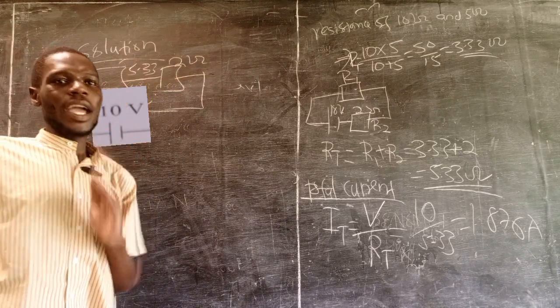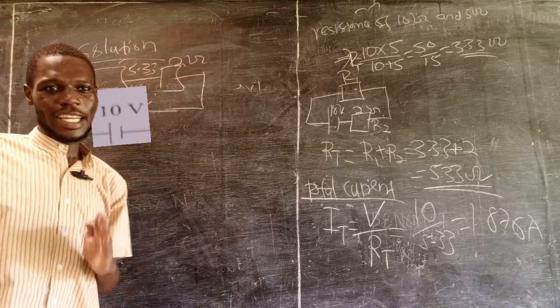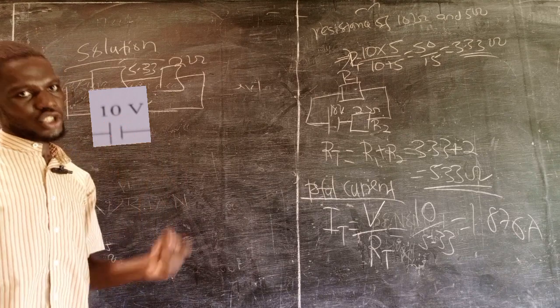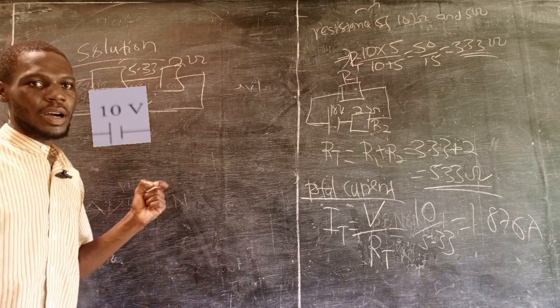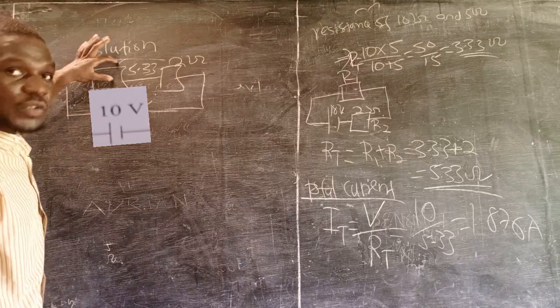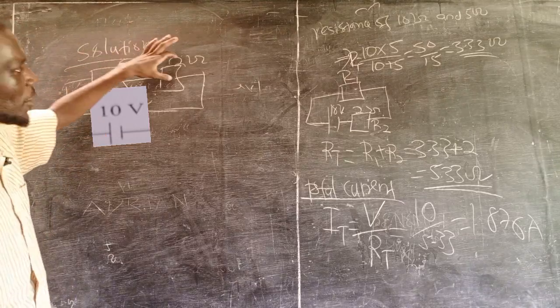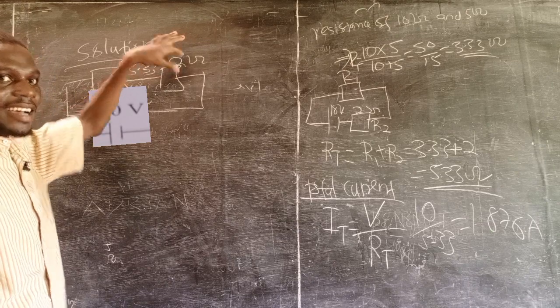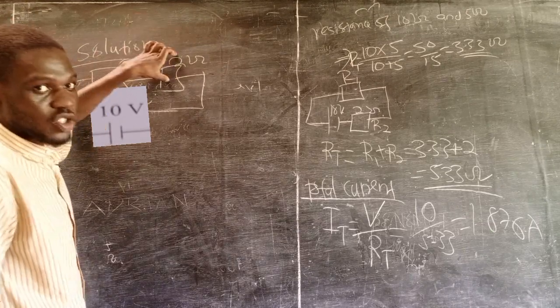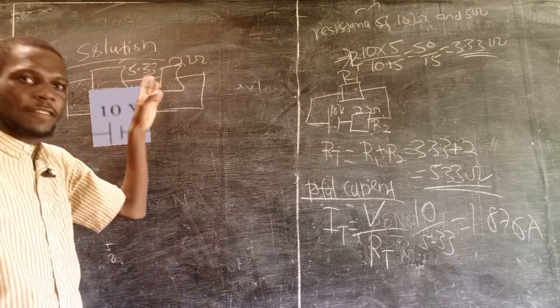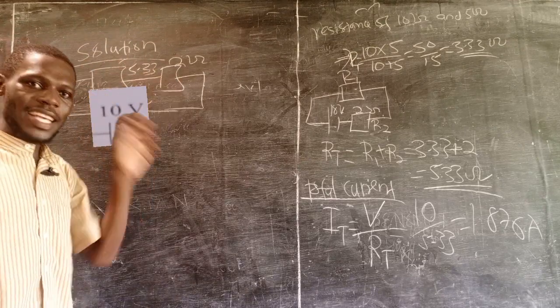When resistors are connected in series, the current does not change. However, there is a voltage drop across 5.33 and a voltage drop across the 2 ohm resistor, so the potential difference is different but the current is the same.